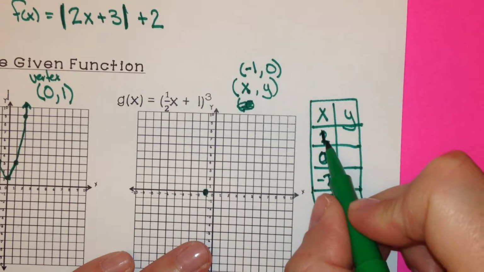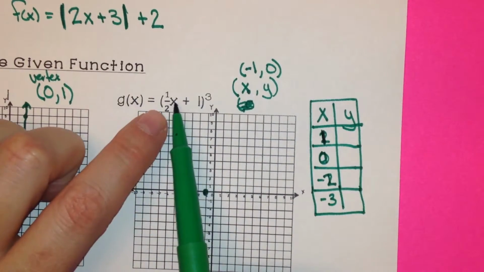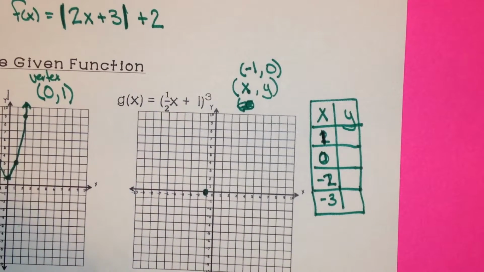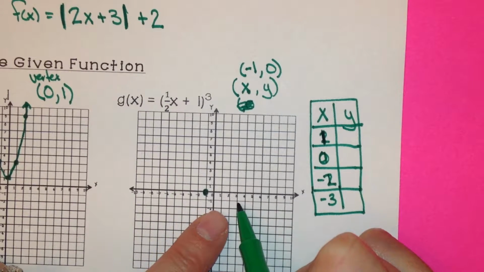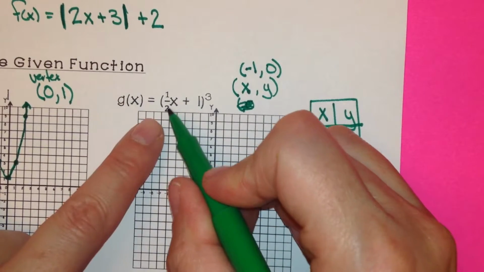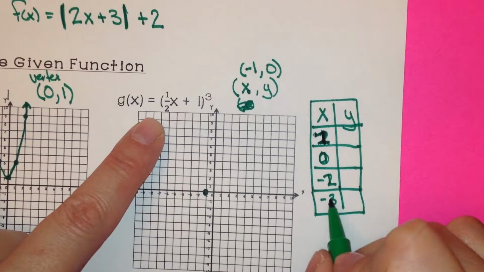So we plug in 1. 1 times a half is a half. Well, that one's kind of ugly. So let's pick a different one. If we pick even numbers to plug in, then we won't have to worry about halves because our denominator is even. So I'm going to go back to the 2, and here I'll go to 4.